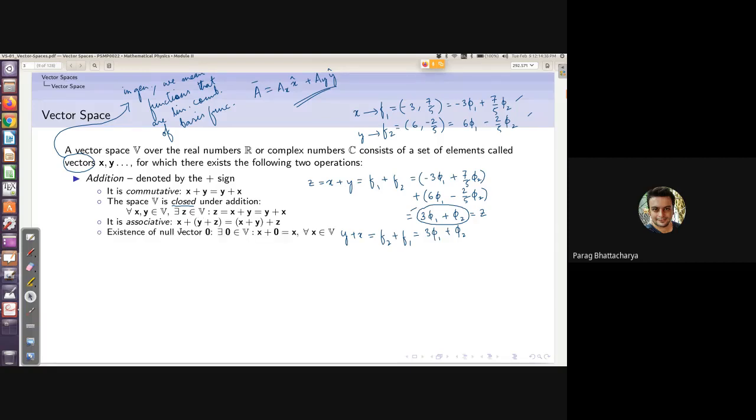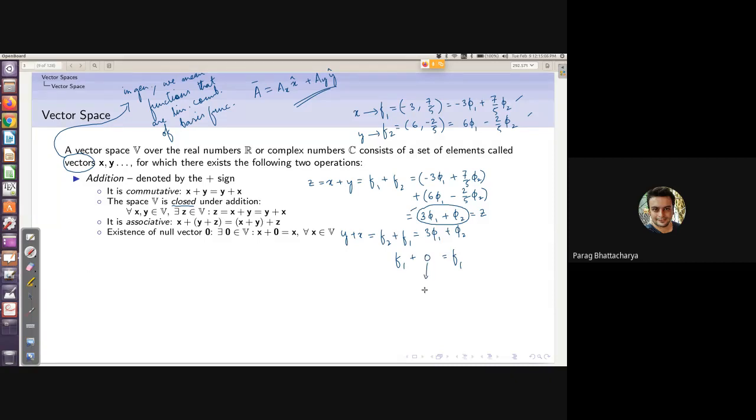Then there is the existence of a null vector. There exists a vector called the null vector such that if you add it to x, you get back the same one. So in our example, let's say we have f1. What should I add to f1 so that I still get f1? What I should add here is the null vector.